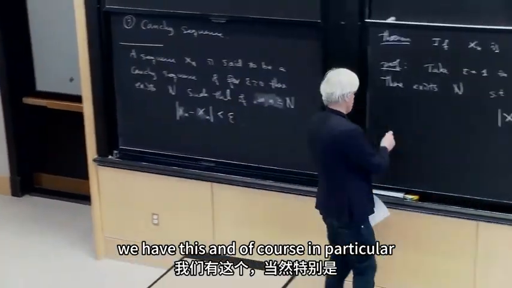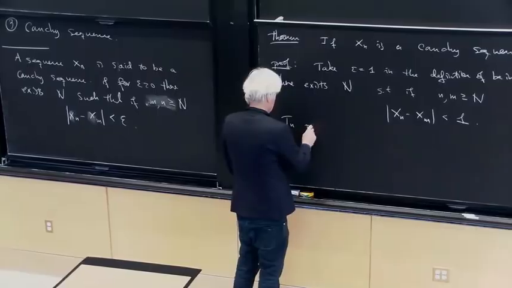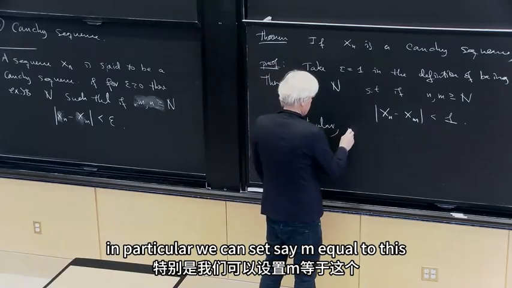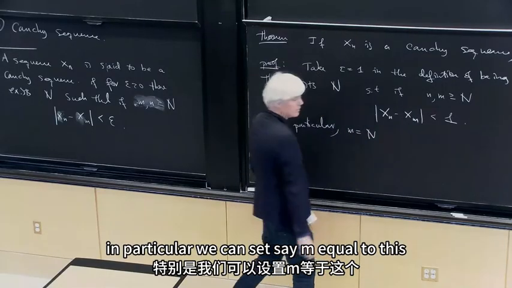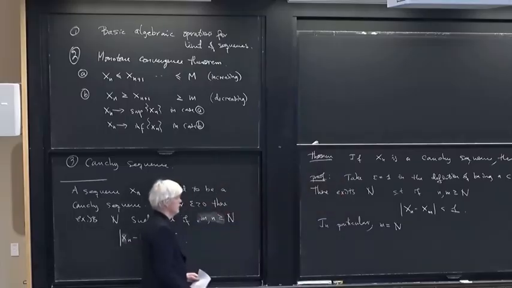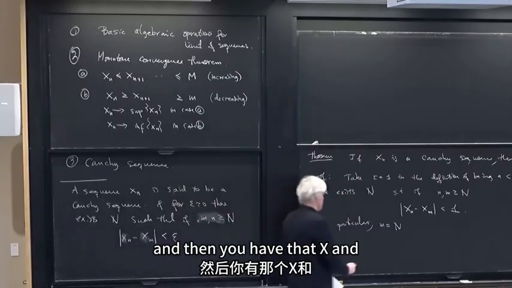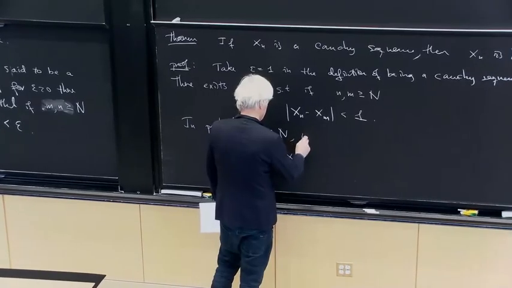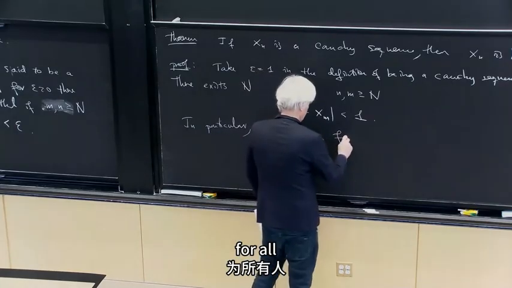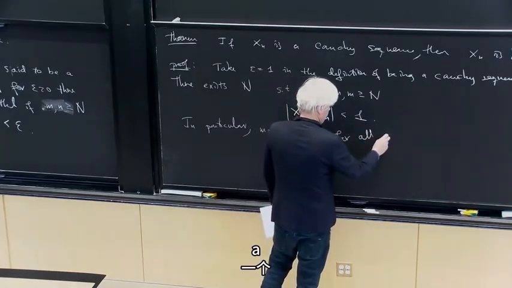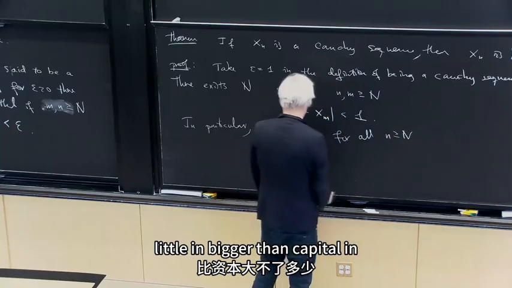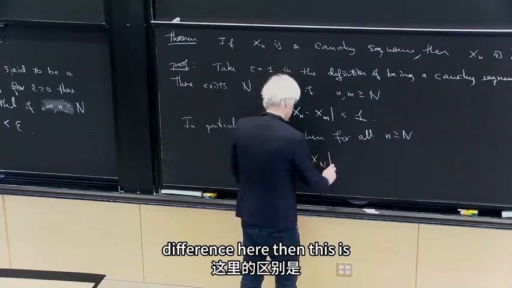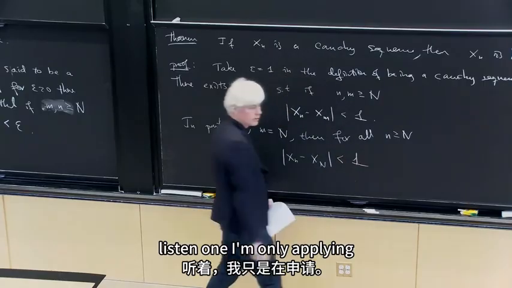But of course, in particular, we can set, say, m equal to capital N. And then you have that for all little n bigger than capital N, if you're looking at this difference xn minus x capital N, then this is less than 1.